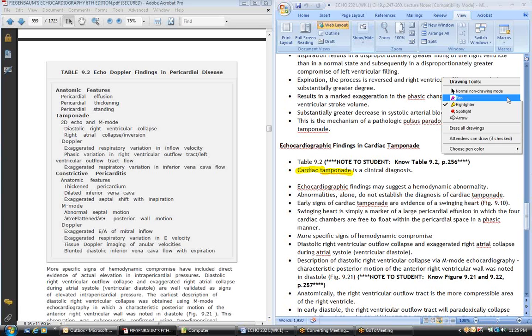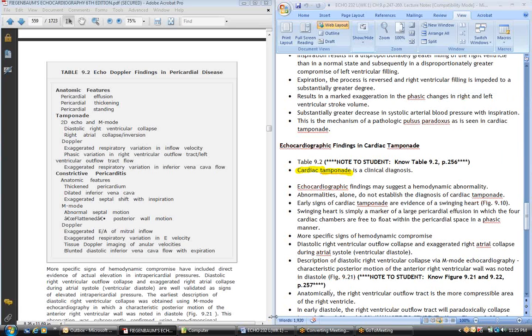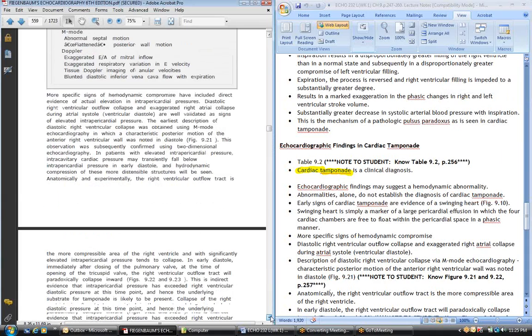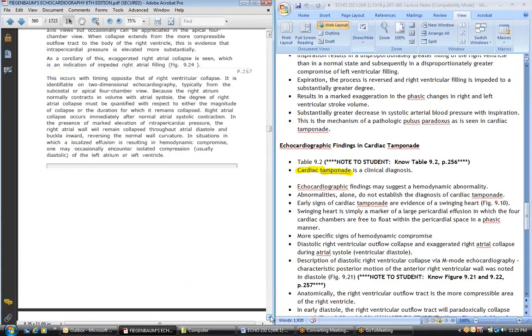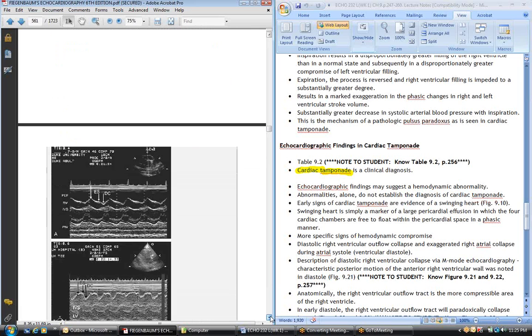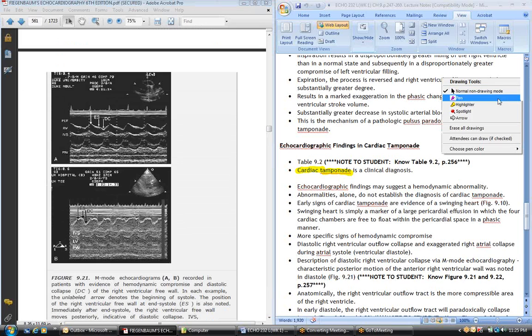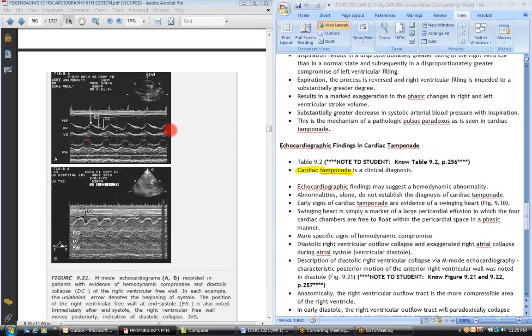Let's go over there and take a look real quick at what a diastolic collapse using M-mode of the right ventricle would look like. Okay, so 9-21, you're actually looking at an M mode, and what we're trying to look for is diastolic collapse of the right ventricle. So you're actually seeing the right ventricle wall here.